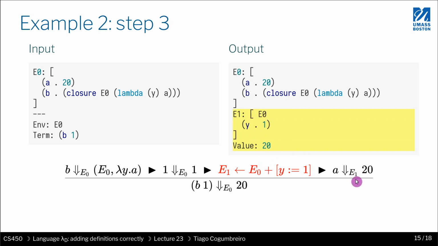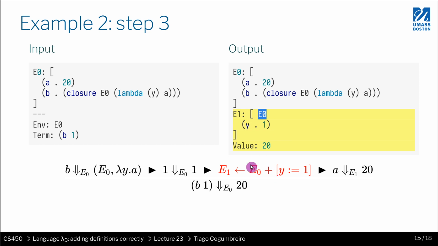Okay, and finally the value is 20. Why? Because I need to evaluate A in my environment E1. So let's see what happens. When we evaluate A, it is a variable, right? So because it is a variable, we have to look up A in E1. A is not defined here, but it is defined in E0, which means I need to somehow navigate to E0, the extension, right?